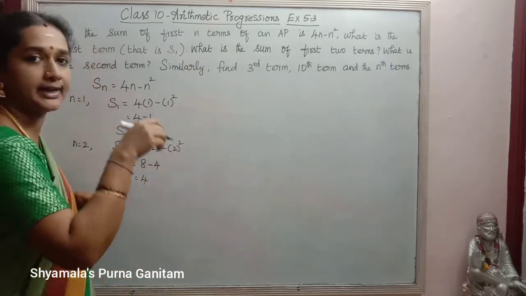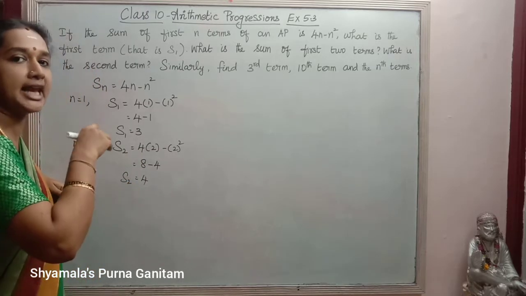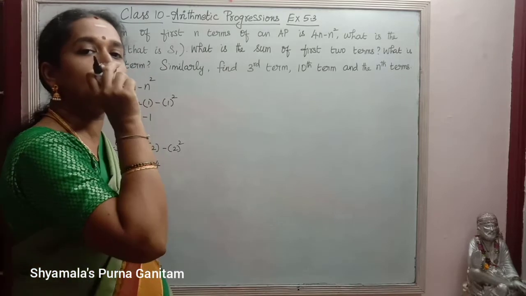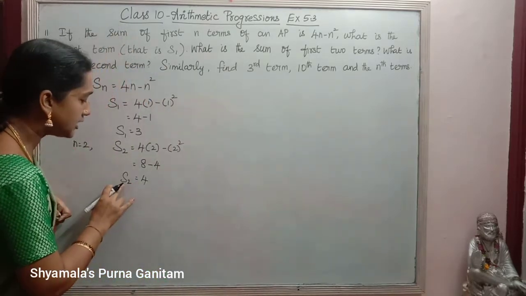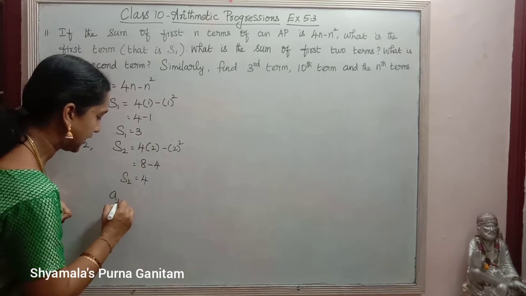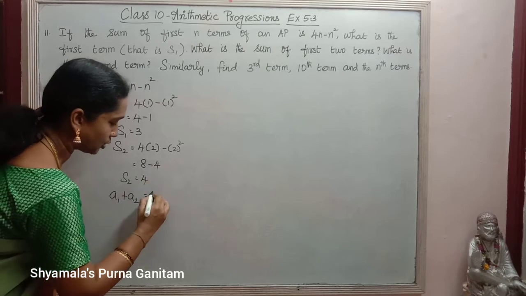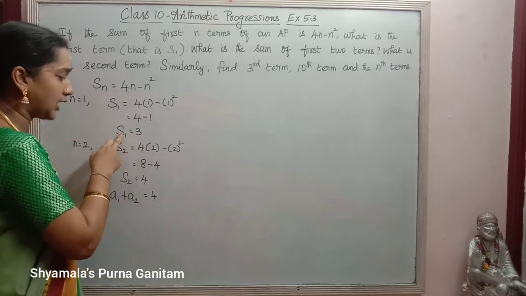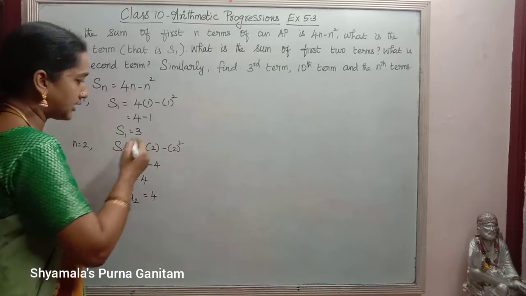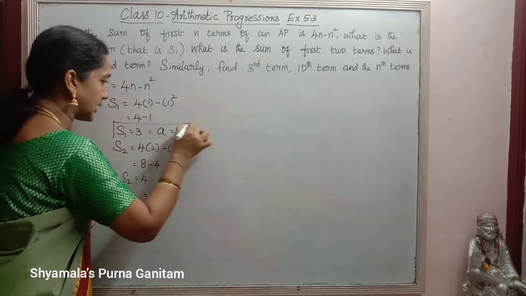So for finding D, we can write this S2 as A1 plus A2. So first two terms if we add, that is S2. So instead of this S2, I am writing it as A1 plus A2. So if we add A1 plus A2, it is equal to 4. Okay. So now I told we got S1 is equal to 3. So that is equal to A1, that is equal to A. So all are same here.